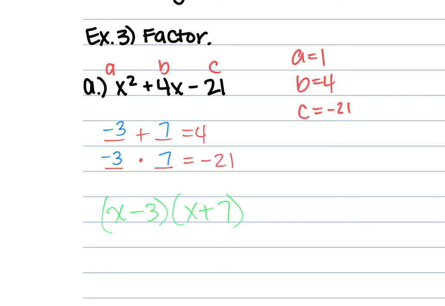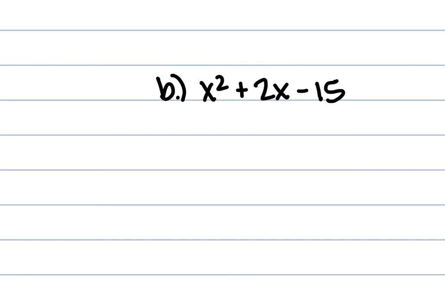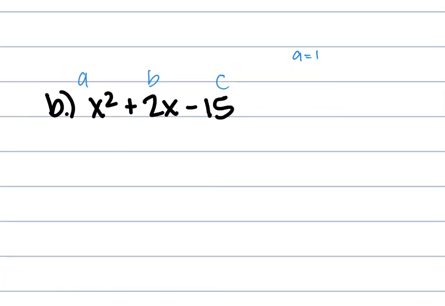Let's do one more together and then I'll set you loose. All right, B. Who wants to try B? Brandon, go for it. So A is 1, B is 2, C is -15. And then it would be x minus 3 times x plus 5. Whoa.